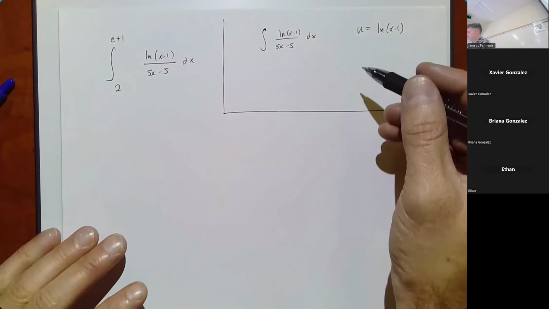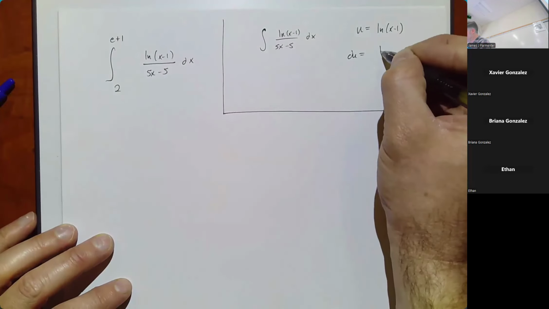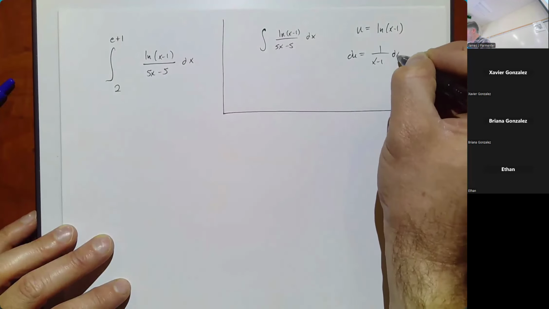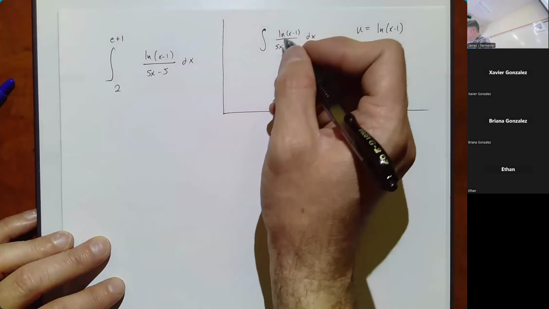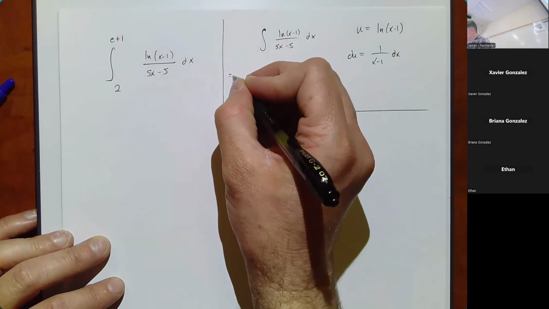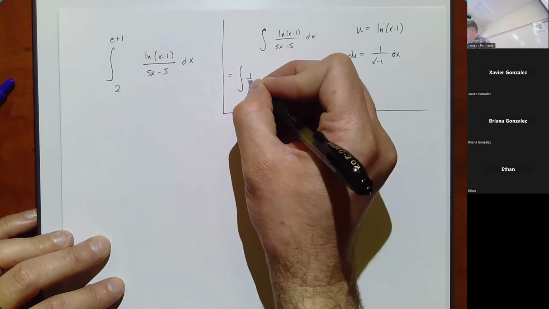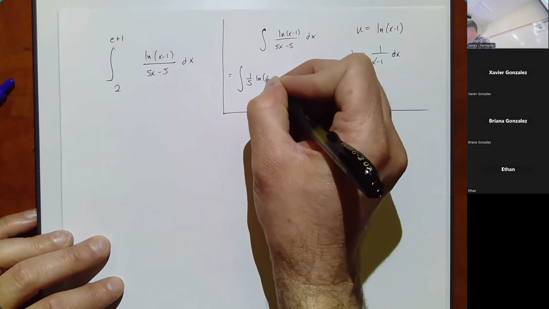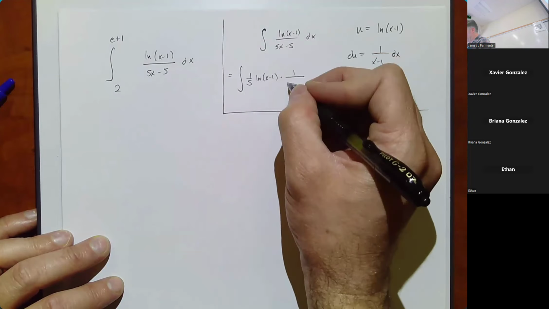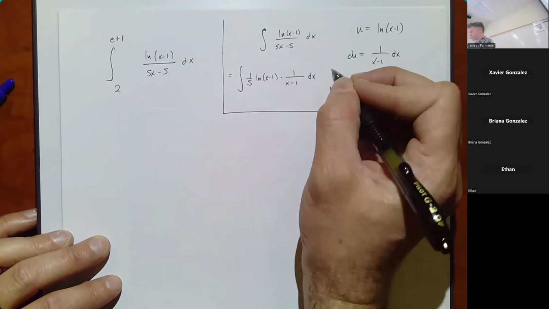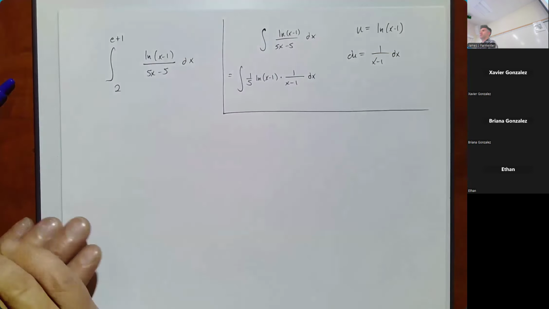But here, my du is 1 over x minus 1 dx. I do actually have that. It's just hiding a little bit. I can rewrite my integral as 1/5 the natural log of x minus 1 times 1 over x minus 1. I factored out the 5 from the bottom, and there's an x minus 1 there. Sneaky.